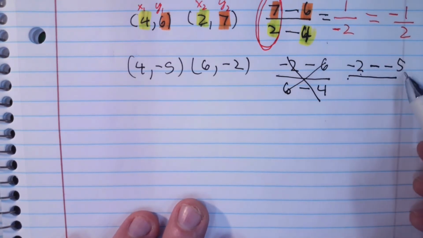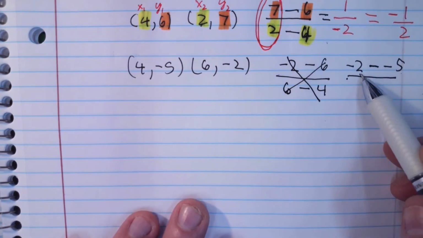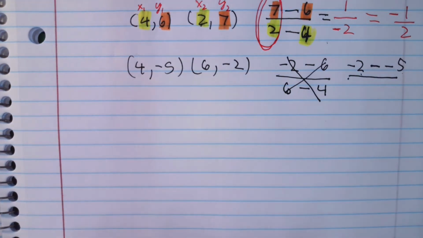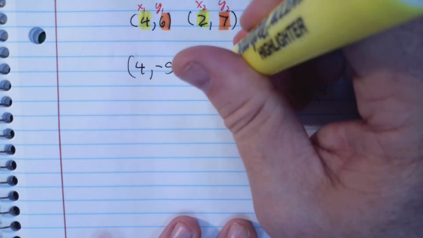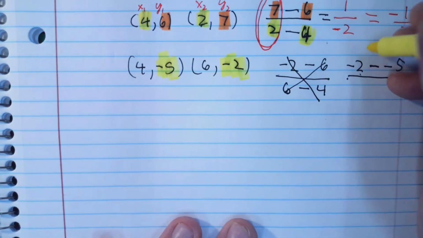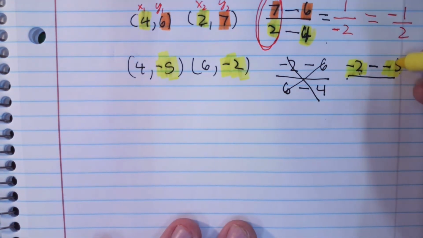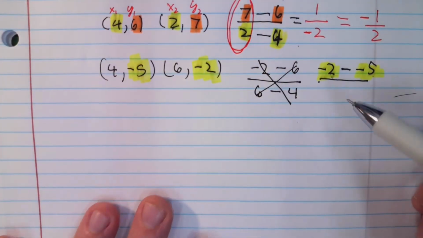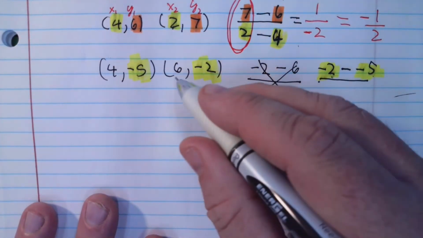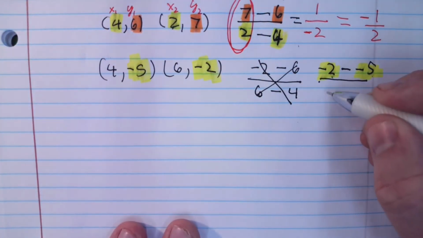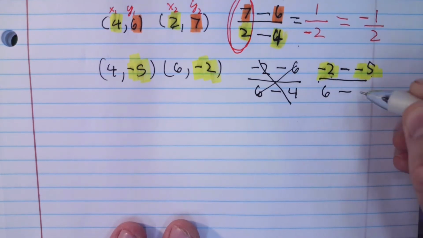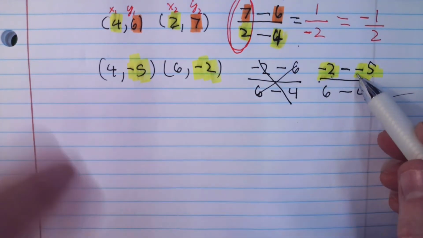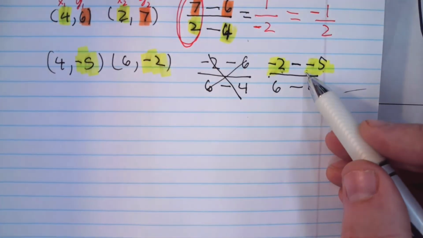Make sure these are both y's, and both y's would be from a different point. So if this helps you, make sure you do this. These are from a different point. Okay. Both y's. Okay. 6 minus 4. I hate this, I hate this, I hate this. This is ugly. What can you do to this?